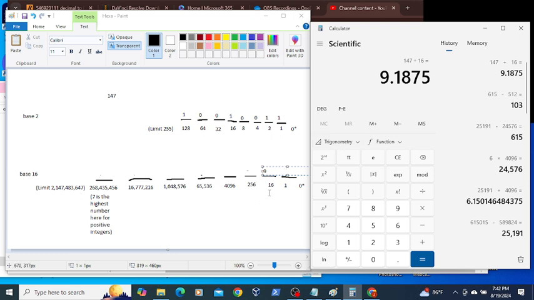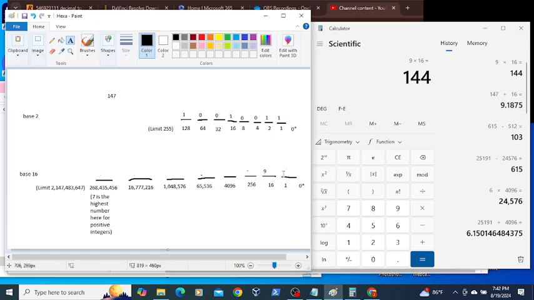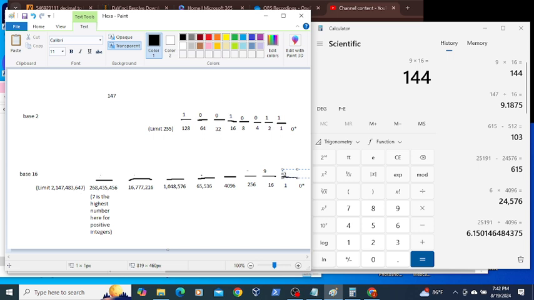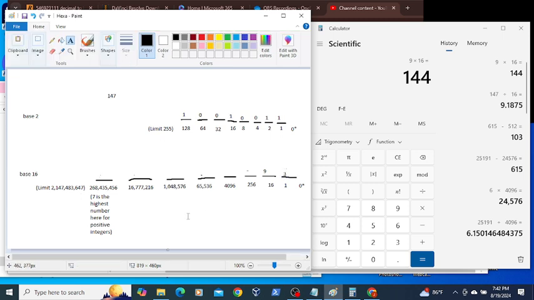So the way you can get the remainder is just 9 times 16. 9 times 16 is 144. That's what we are subtracting from 147, which is easy because that's 3. So that's a quick one. 147 is 93 in hexadecimal.